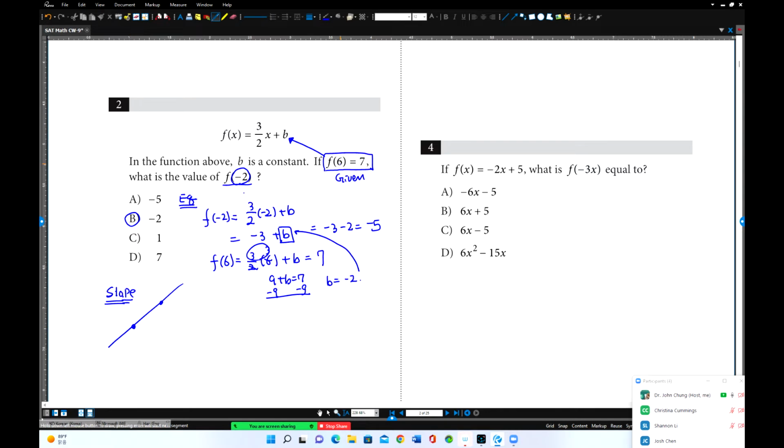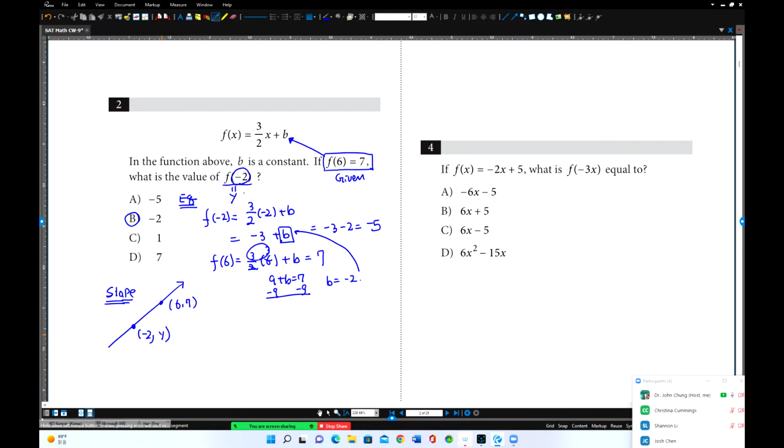You have 1 point over here: when x equals 6, y equals 7. And what is the value of this one? When x equals negative 2, f of negative 2 is what? The value of y. I'm going to take this as y. This is also a point on this linear line.